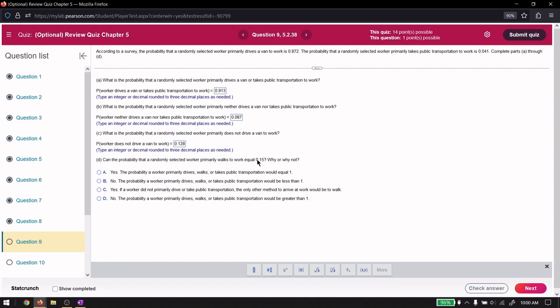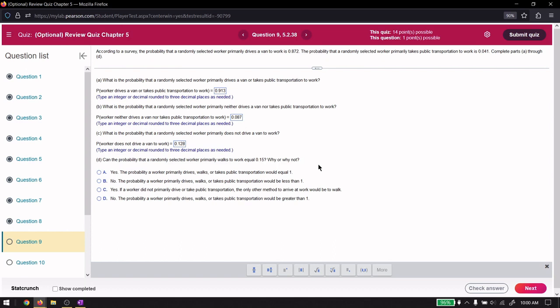So if we had a 0.15 probability that a worker walks, let's just say that there's only 3 possibilities, right? They drive a van, they take public transportation, and they walk to work. Then the total probability of all the possibilities of those 3 things, if that were all the possibilities, has to equal 1, because probabilities can never be more than 1.